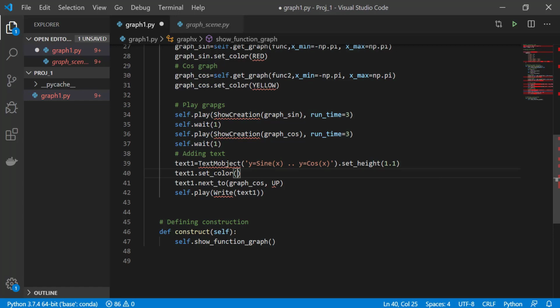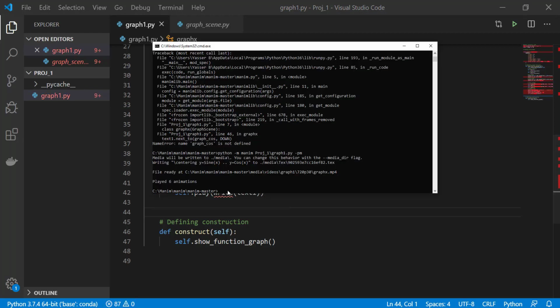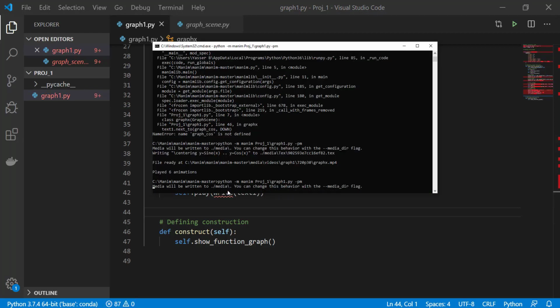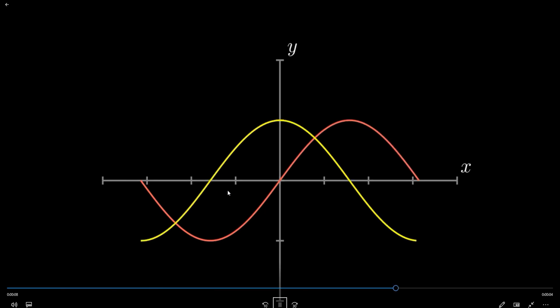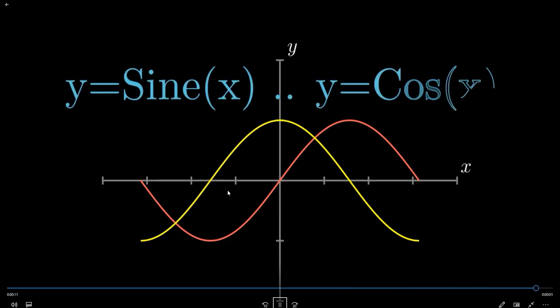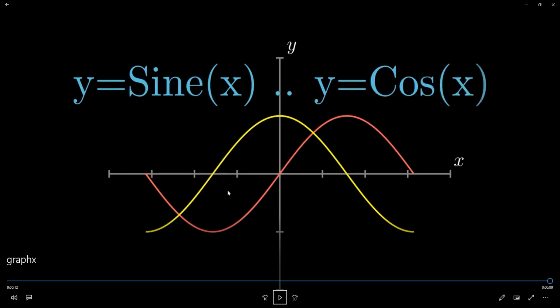Blue. Okay, everything looks fine. Let's run it. Okay, that's what we got. My text location is above the graphs, and it's blue color. Sounds good.